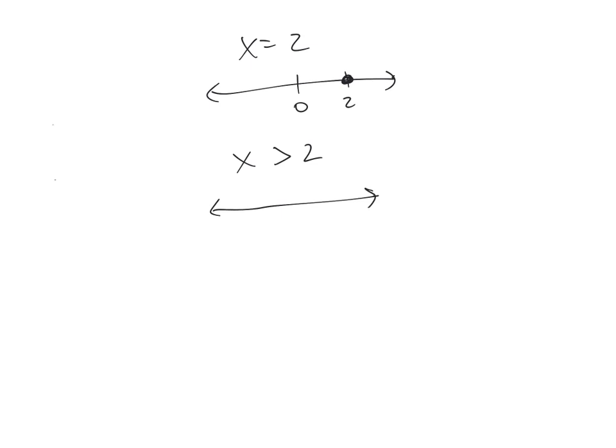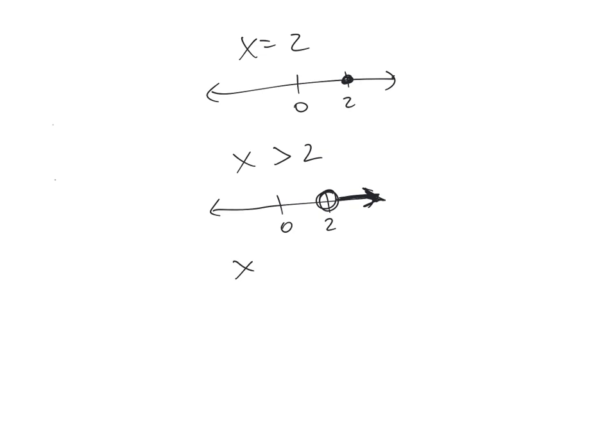Okay, so just remember, the main two things we figured out is that when we have an equation, x equals 2, it is just a dot. The only thing that works in the example x equals 2 is just 2. 2 is the only solution. However, x is greater than 2 includes all the solutions that are greater than 2 but not including, and when we put not including, we do an open circle.